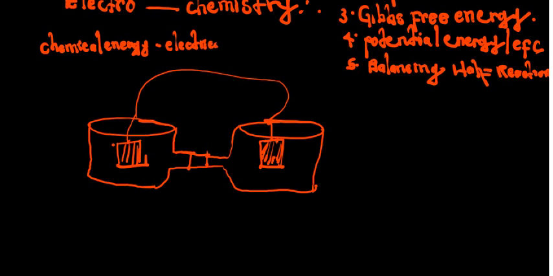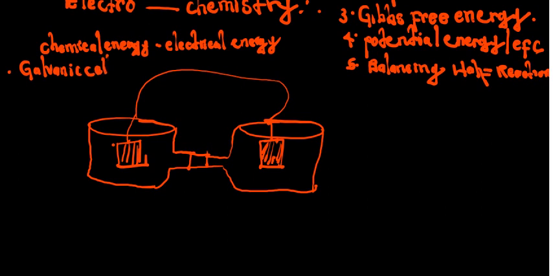And among the devices that do that is what we're calling the galvanic cell. So this galvanic cell is a device that is part of electrochemistry that is able to convert the chemical energy into electrical energy. But how does it work?